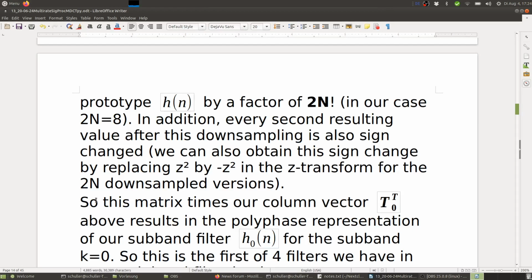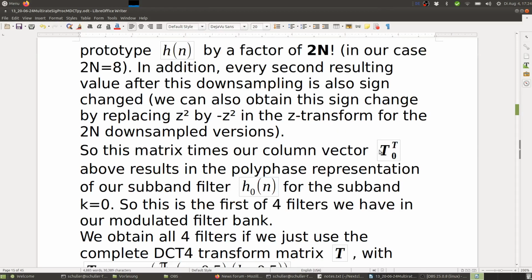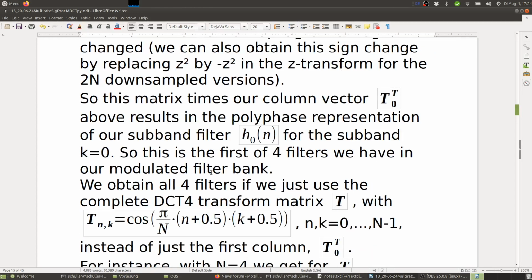So this matrix times our column vector T0 transpose above results in the polyphase representation of our subband filter h0 of n for the subband k equals 0. So this is the first of 4 filters which we have in our modulated filter bank. We can now obtain all 4 filters if we just use the complete DCT4 transform matrix T with the different k's now.